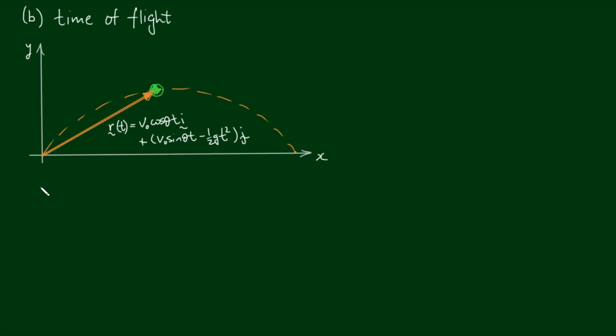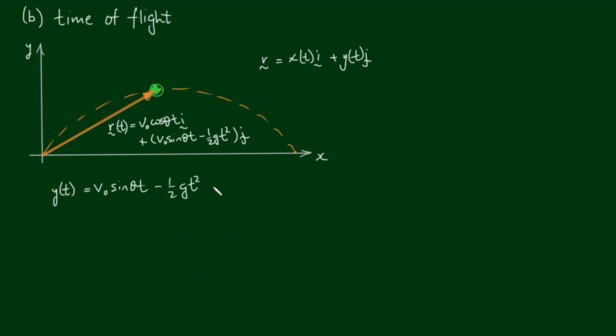I'm just going to take the vertical component, y of t, so note that r is equal to x of t i plus y of t j. So y of t is equal to v0 sine theta t minus a half gt squared.